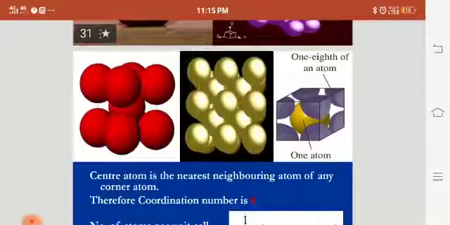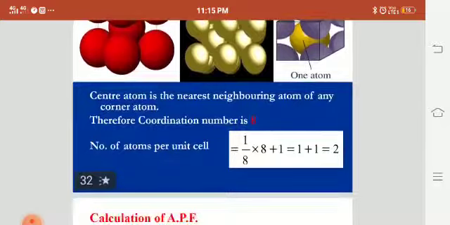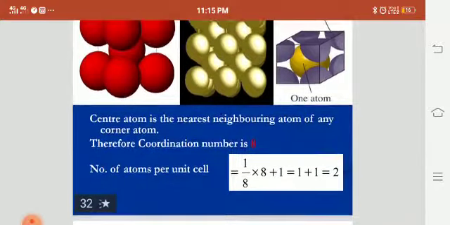First, we will find what the coordination number is for BCC structure. Here, consider the center atom. The nearest neighboring atoms are the corner atoms. So, totally we have 8 corner atoms. Hence, the coordination number for body-centered cubic structure is 8. Then, number of atoms per unit cell is 1 by 8 into 8.